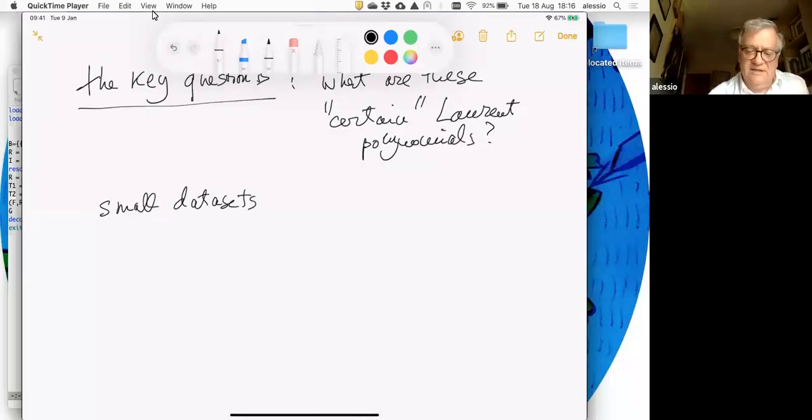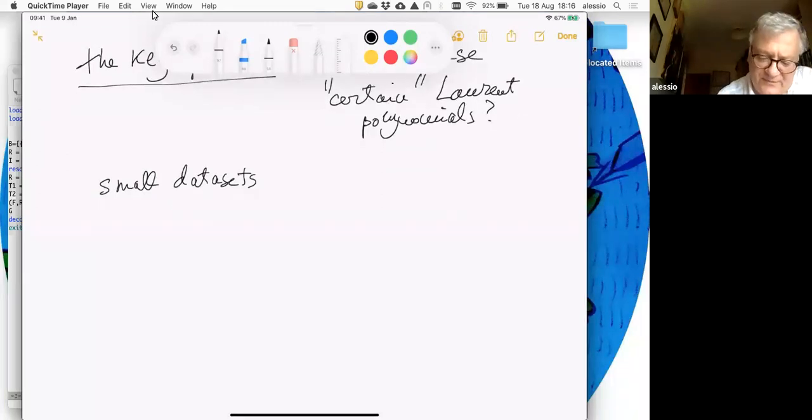So anyway, this was the context. So now I want to describe conjecture A. So this is section 2.